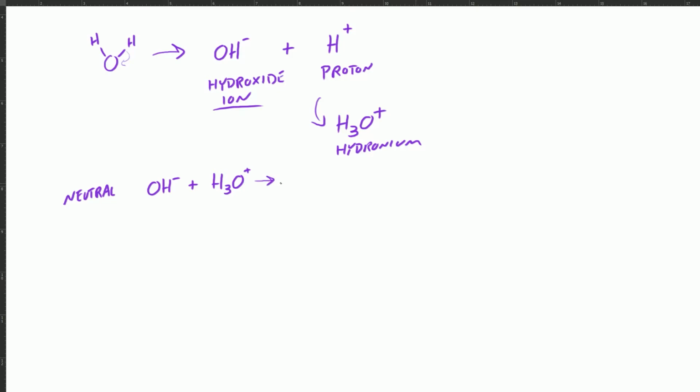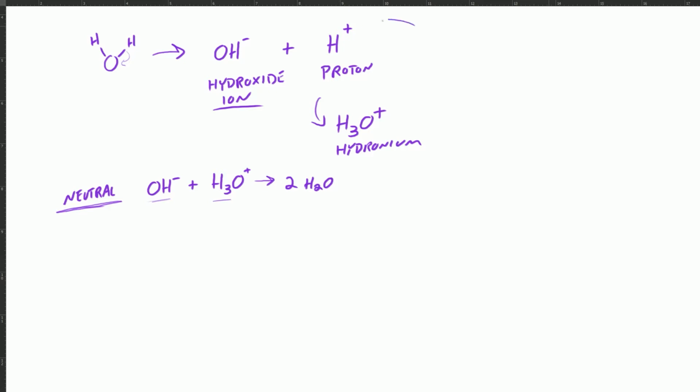And if that's the case, they will combine together, the charges will equal out, the atoms will rearrange, and you'll get two H2O molecules. So this is what we mean when we say water is neutral. They have an equal proportion of these two ions in solution.